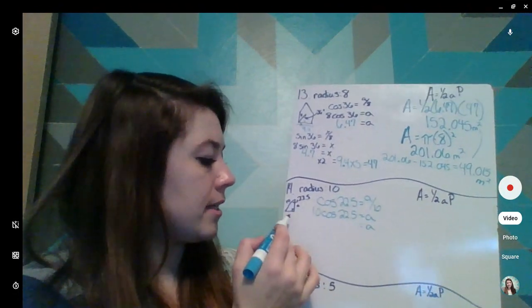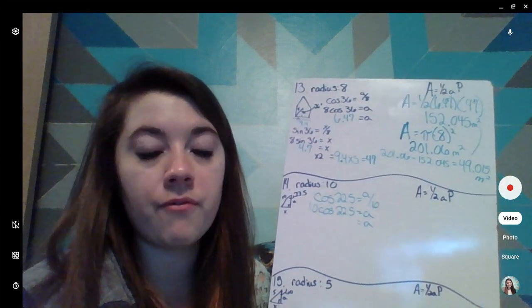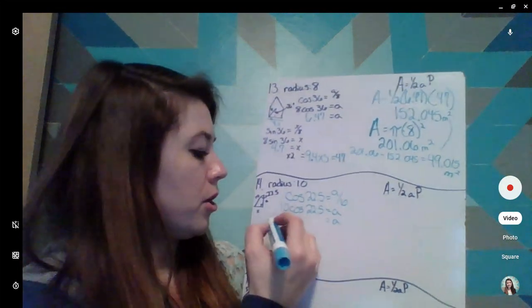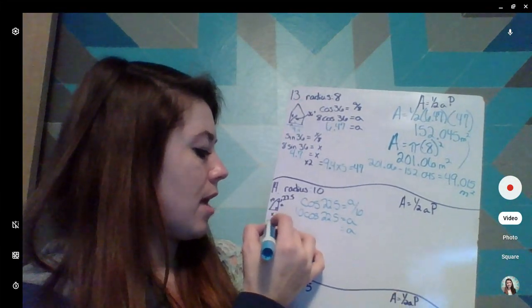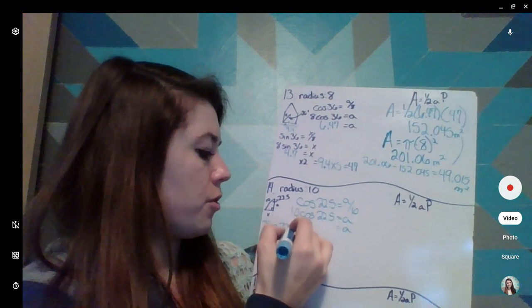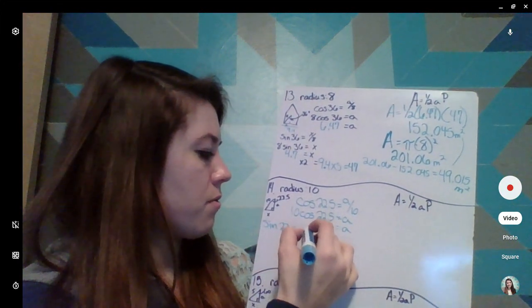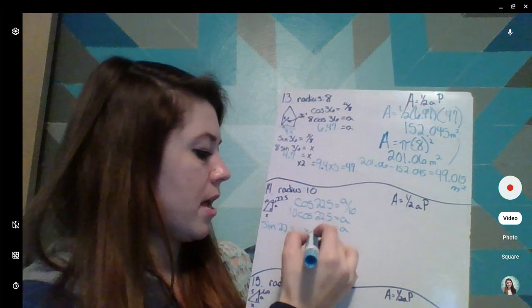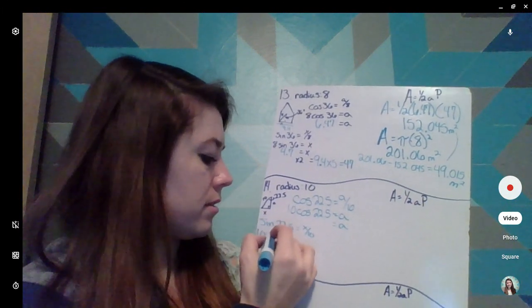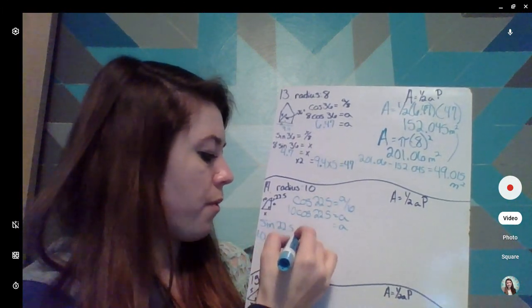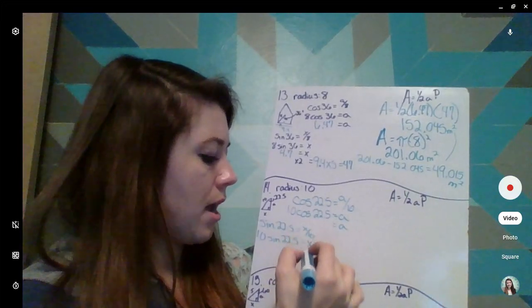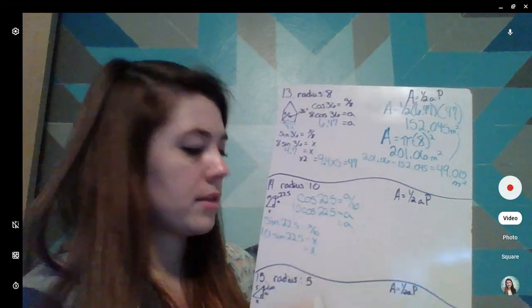Now, to find the x value, half of the side length of your octagon, you're going to do sine of 22.5 equals x over 10. So 10 sine 22.5 equals x.